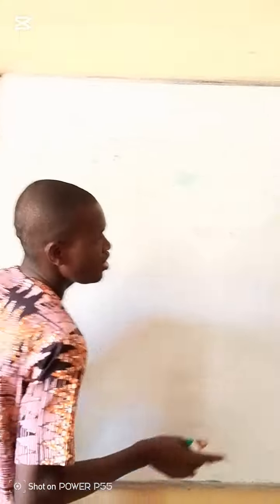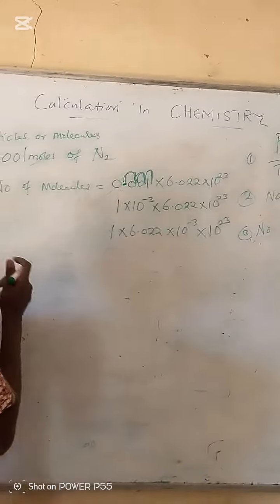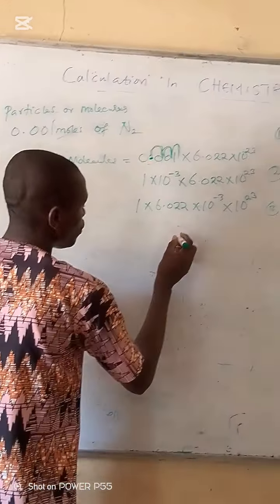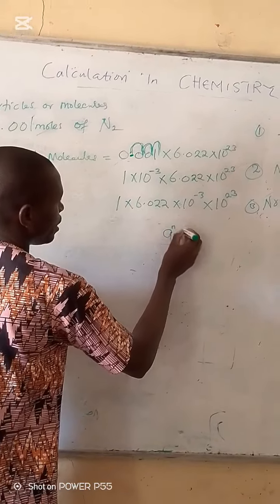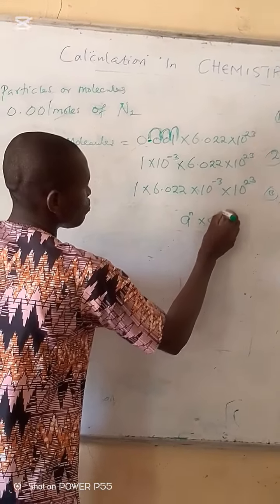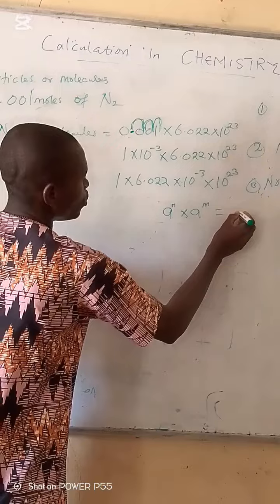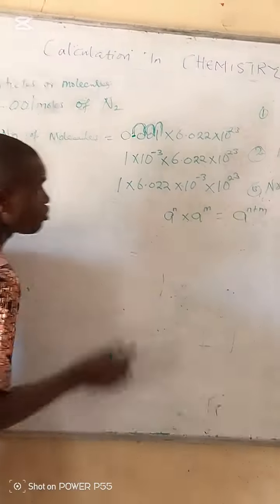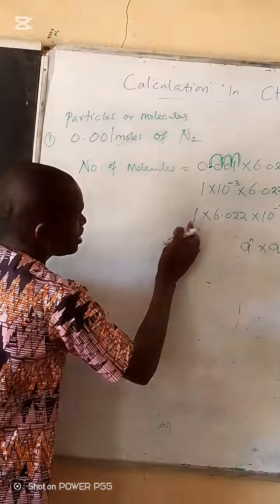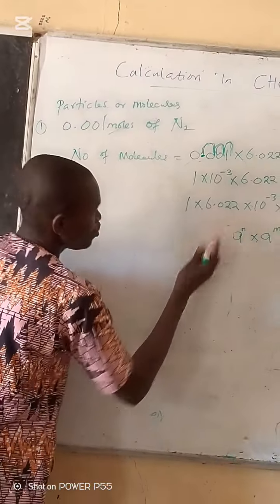Now, let's go back to our mathematics. Remember that law of indices that says if you have a raised to power n multiplying a raised to power m, you just take one base and add the powers. So I'm going to apply it here because this 1 times 6.022 is still the same thing.